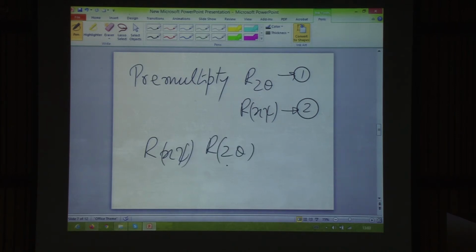This is the meaning of pre-multiplying. I first rotated this, then I rotated this. But when I am multiplying and finding the combined rotation matrix, I pre-multiply, so this one comes first, then this one. So I am just reversing the order. This is called the pre-multiplication of matrices. Please remember that you need to pre-multiply.